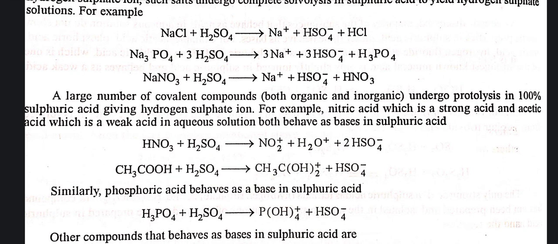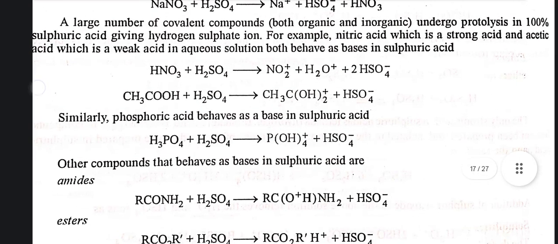For example, nitric acid, which is a strong acid, and acetic acid, which is a weak acid in aqueous solution, both behave as bases in sulfuric acid. Similarly, phosphoric acid behaves as a base in sulfuric acid.